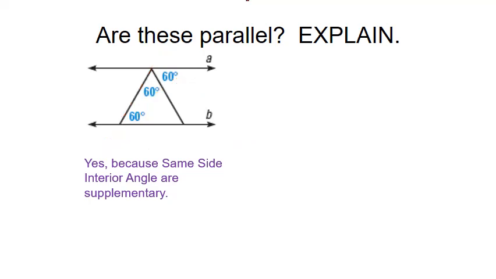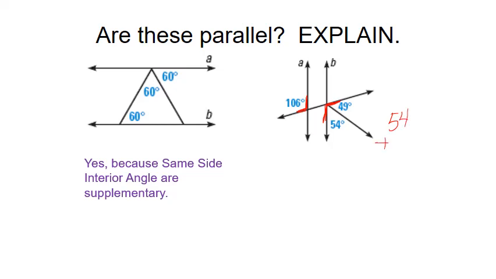So let's look at the last example. We have this angle here that measures 106 degrees. And then we know that this entire angle is the alternate exterior pair, right, from this angle. So we just need to add 54 and 49 and see if it equals 106.